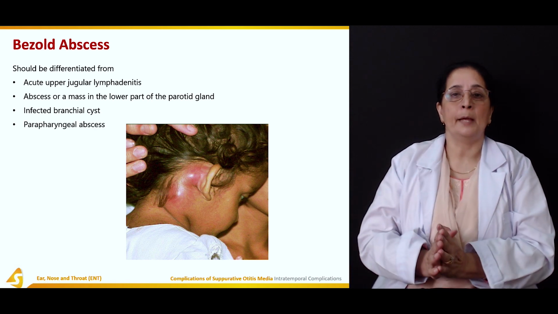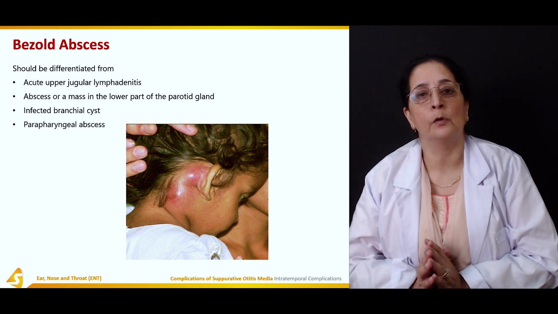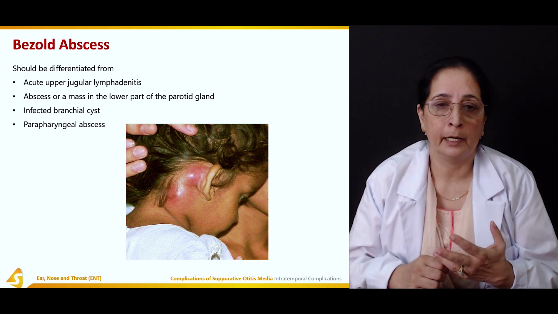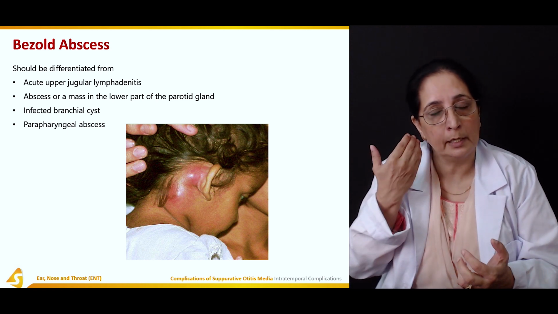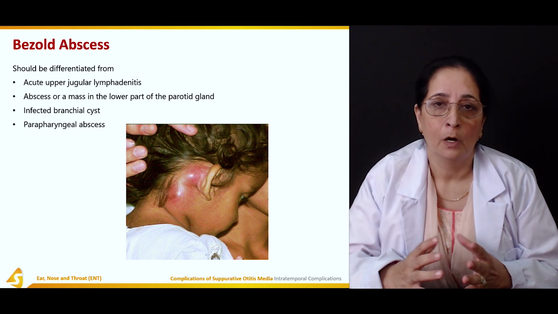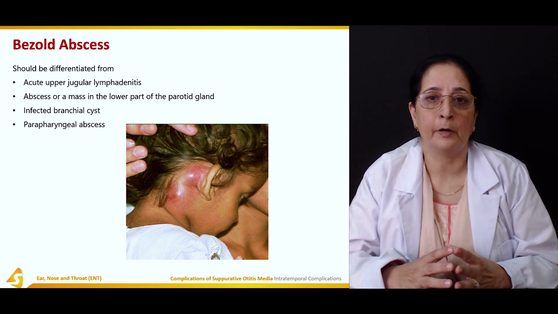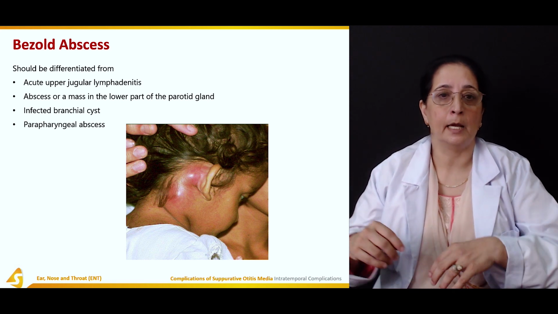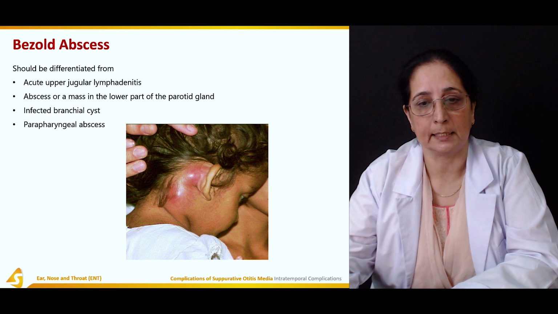So Bezold abscess should be differentiated from all these different conditions: acute upper jugular lymphadenitis, infection or swelling of the parotid gland, infection of the branchial cyst, and parapharyngeal abscess.